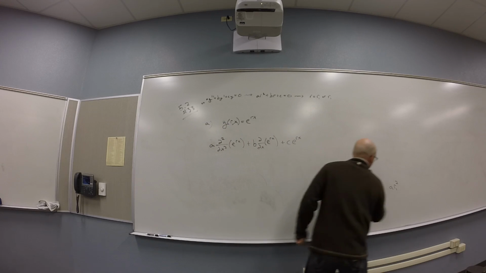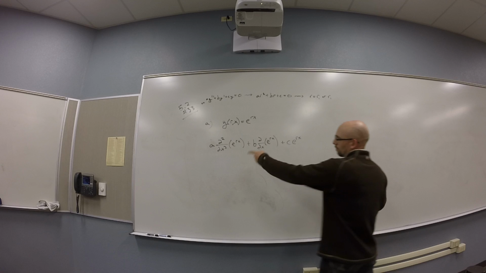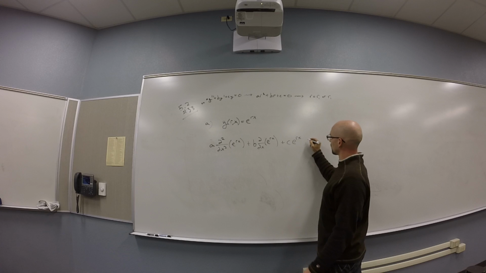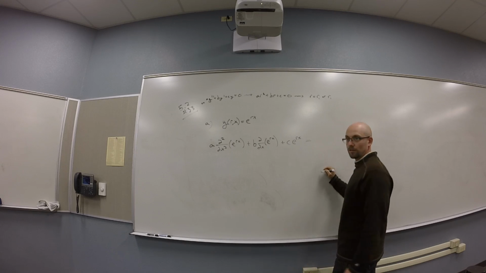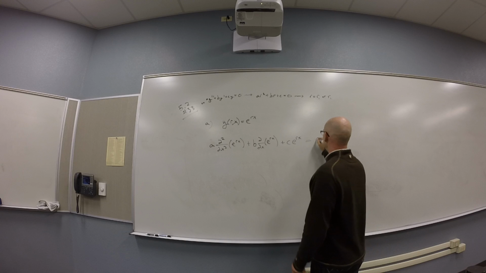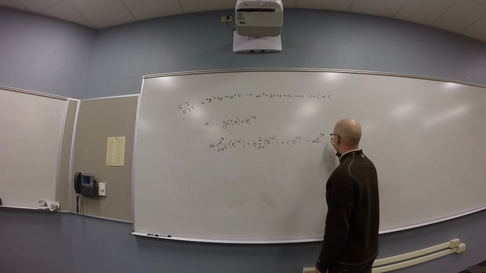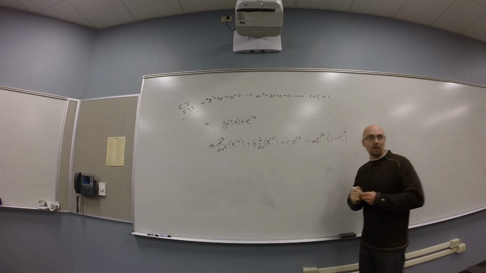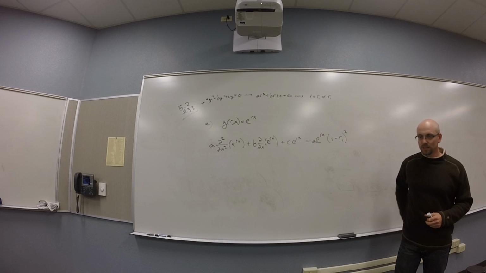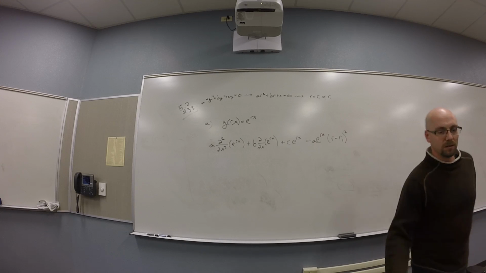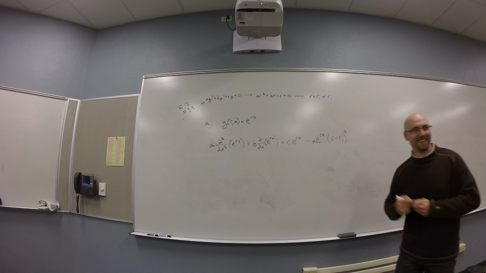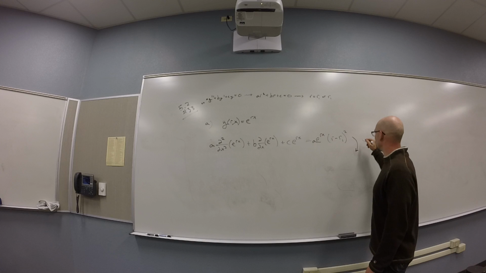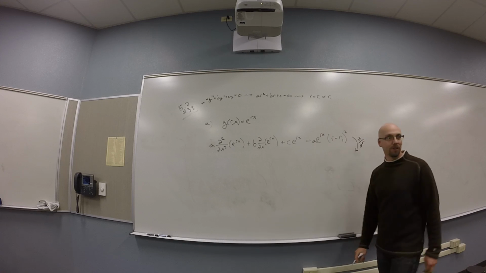My equation from the first part says I have a times the second partial with respect to x of e to the rx, plus b times the first partial of e to the rx, plus c times the zeroth partial of e to the rx, which is e to the rx, equals a e to the rx times r minus r1 all squared, right? And then they want me to differentiate with respect to r. So take this and do a partial with respect to r to the whole thing.